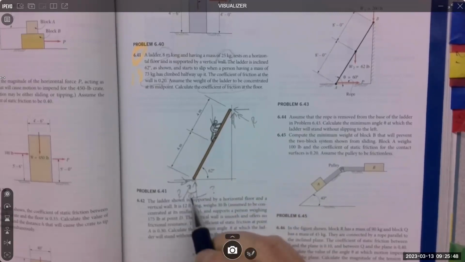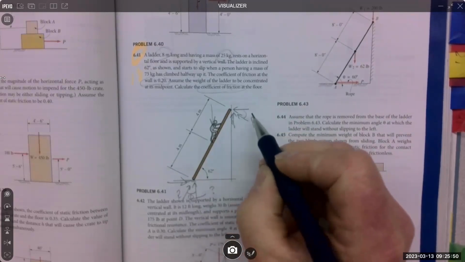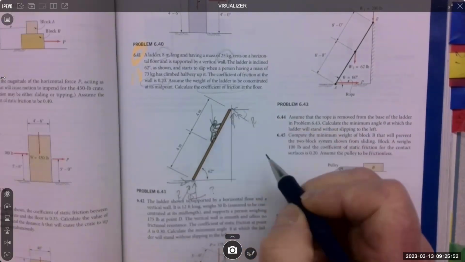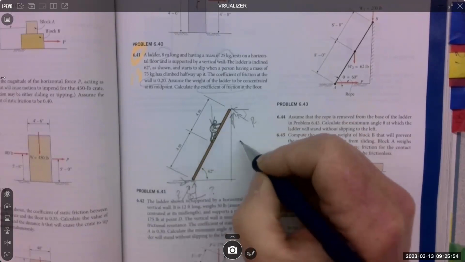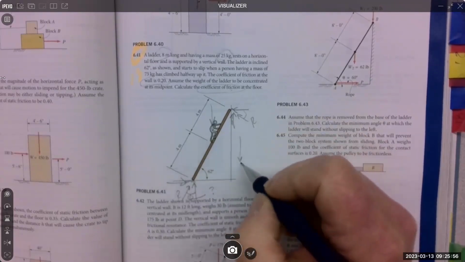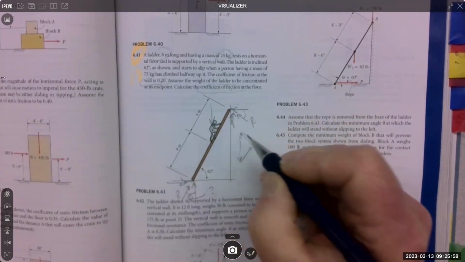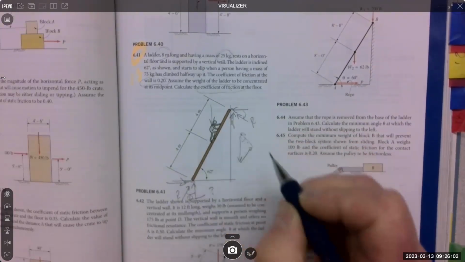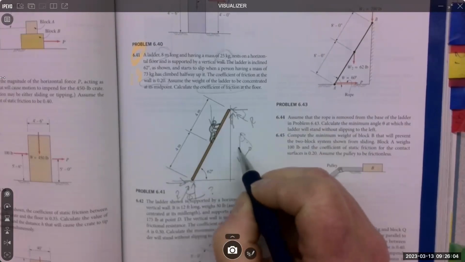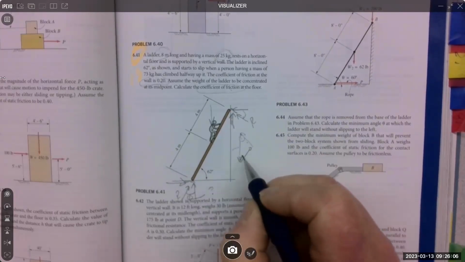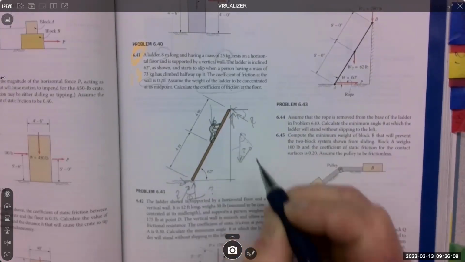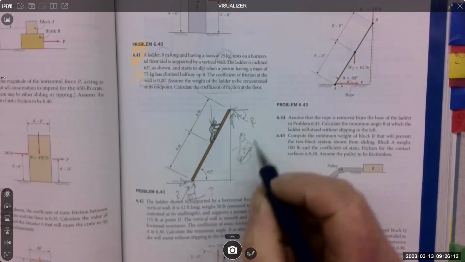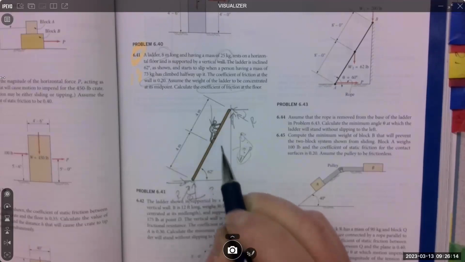That you don't know, but you do know this because you know the coefficient here. So you're going to end up with a force triangle that looks something like this. This one, you'll know where it's at. This one, you know the weight. This one, you're not going to know the angle, but you're going to want to find out the angle. So the force triangle is definitely the way to do this problem.